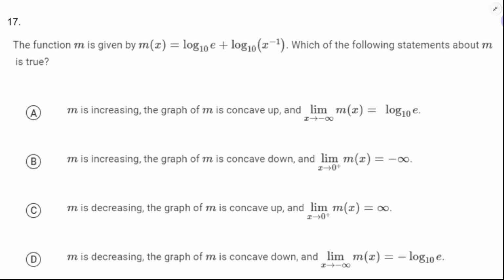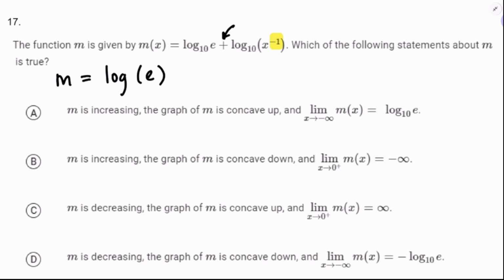I think I'm going to approach this with the transforms. I'm also just going to immediately deal with that negative 1 power. I don't really like that there. So m is now equal to log base 10 of e. Oh, no, but we're also adding these logs. Actually, I'm just going to say log base 10 is implicit.